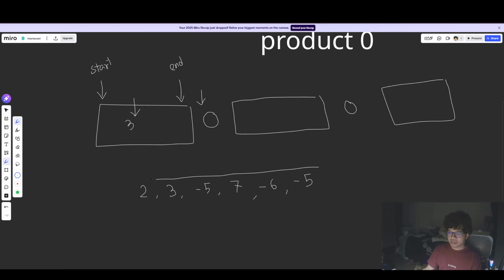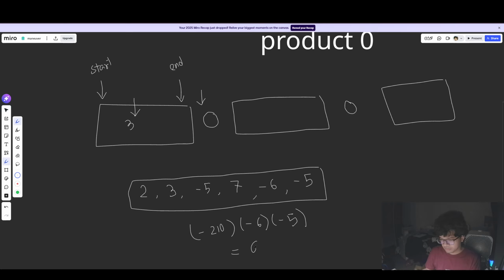What is the maximum product of this partition? 2 times 3 is 6, times -5 is -30, times 7 is -210, times -6 is 1260, times -5 gives -6300. So the entire product is -6300.